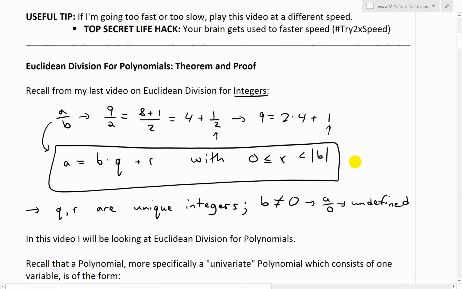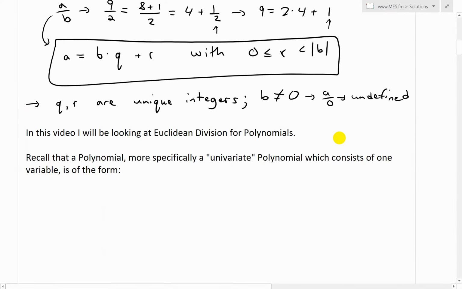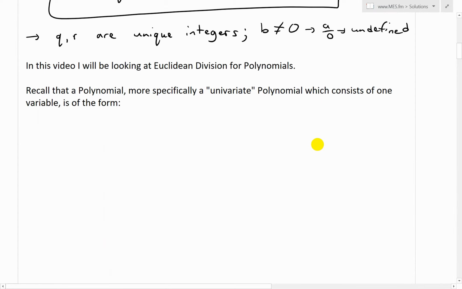Now that I've gone over the recap, just to show you how very similar it is to the polynomial case, in this video I'll be looking at Euclidean division for polynomials as opposed to just integers.